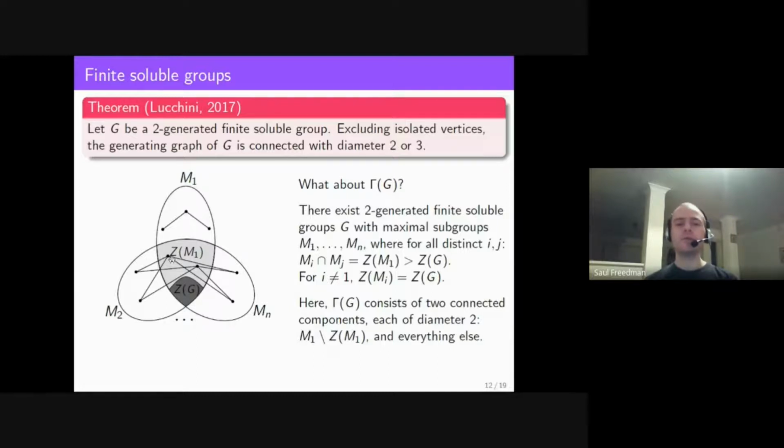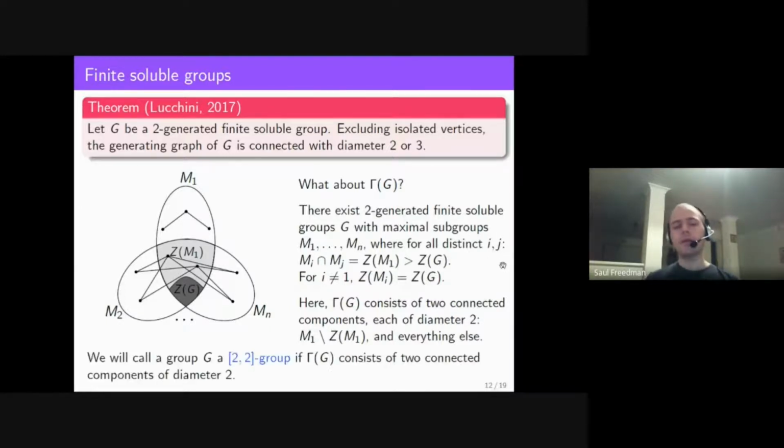And in fact, because these vertices in the center of M1 are centralized by M1, they can't be centralized by any vertex outside of M1. So that means we can start from a vertex in the center of M1 and go directly to any vertex outside M1, and then back to any vertex in the center of M1. Similarly, we can start at any vertex outside of M1, then go directly to any vertex in the center of M1, and then back out again to any other vertex outside of M1. And so indeed, this lower component also has diameter 2.